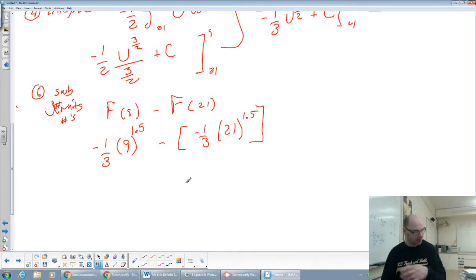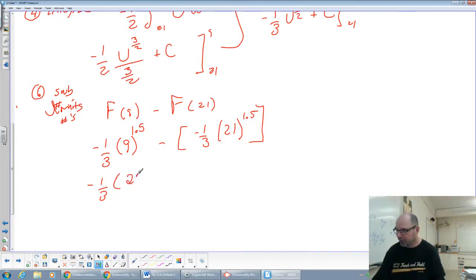In this case, we're going to have to do some rounding unless you know your exponents really, really well. So this would be negative 1/3 times 9 to the power of 1.5, which is actually 27.